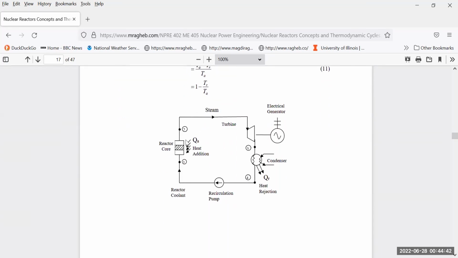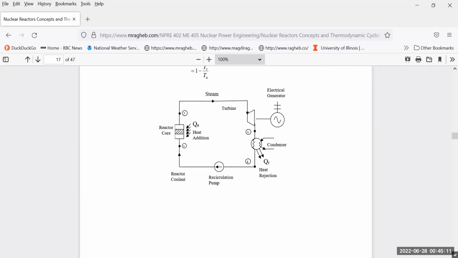You find that you add the heat QA here in the reactor core. We turn it into steam, we take it to a turbine, we expand it in the turbine. Then we use a condenser to turn the exhaust from the turbine into a liquid again, and then we return it back to the reactor core. Along the turbine shaft, we have an electrical generator that produces for us our electricity.